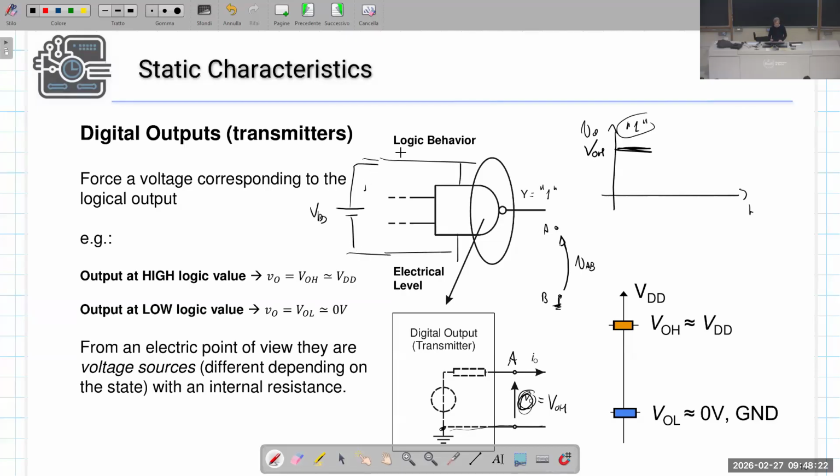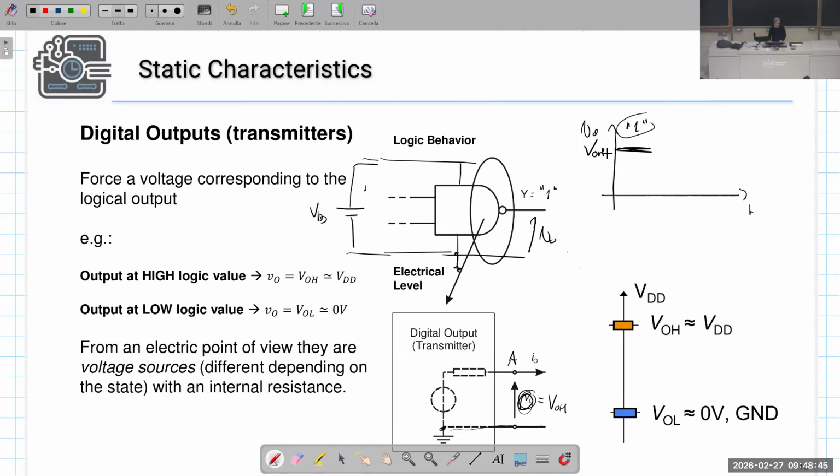And the output is the voltage between the output node and the reference.